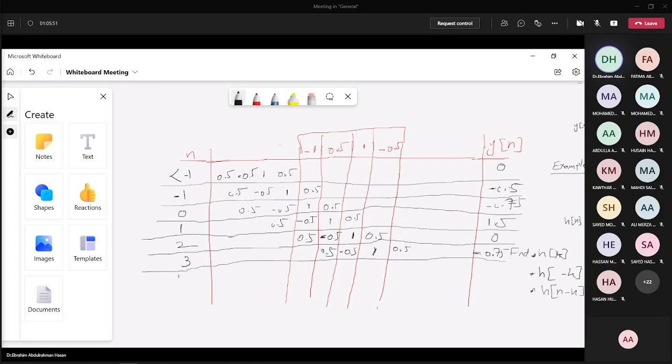Move it to the right, 4. It becomes 1 here, 0.5 here, minus 0.5 here and 0.5 here. Where did the numbers go? Okay, then 0.5 plus 0.25, so 0.75.